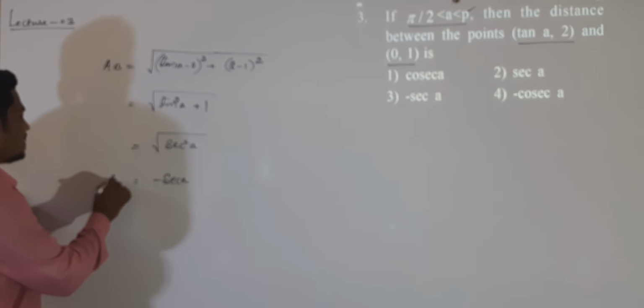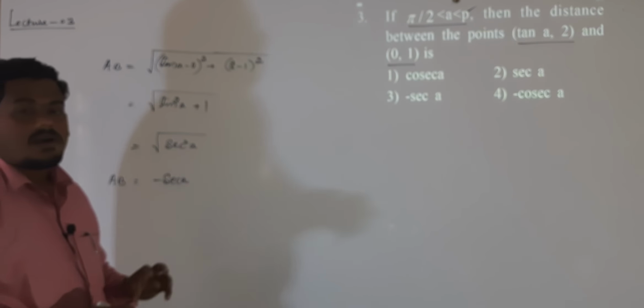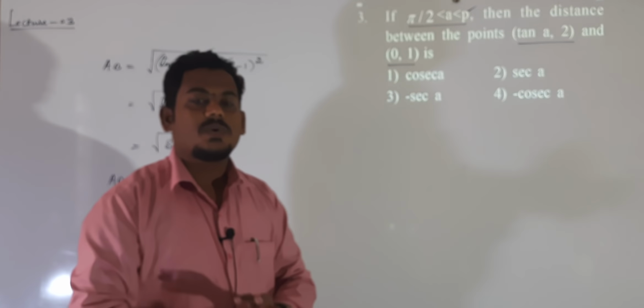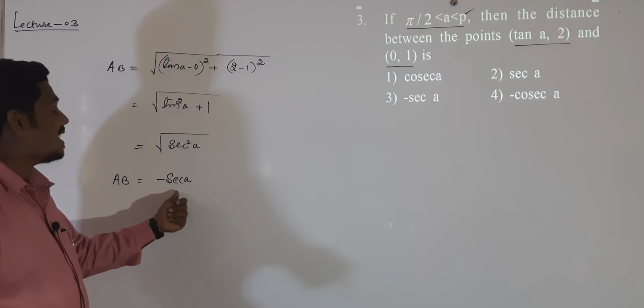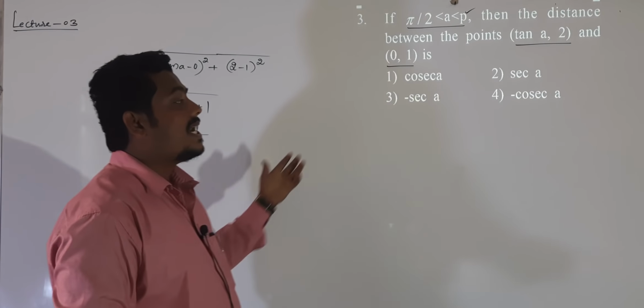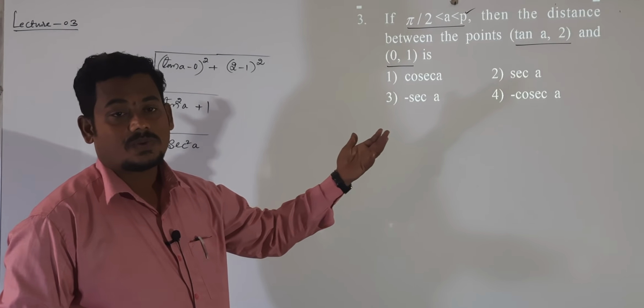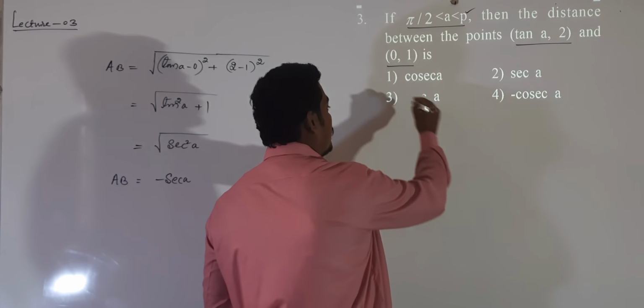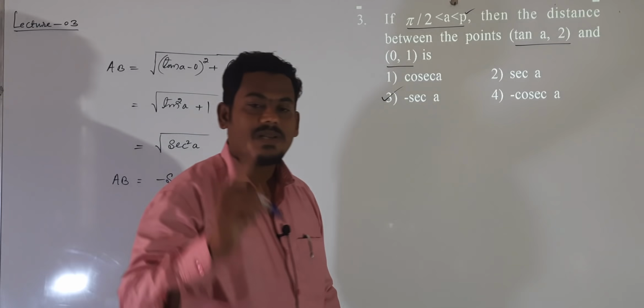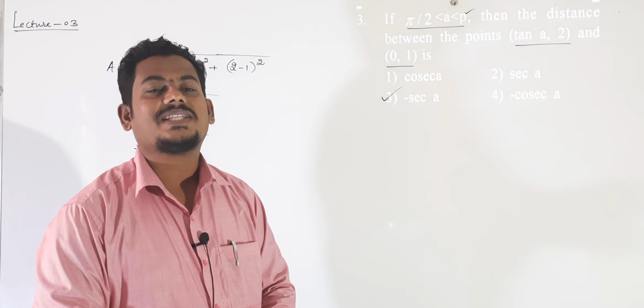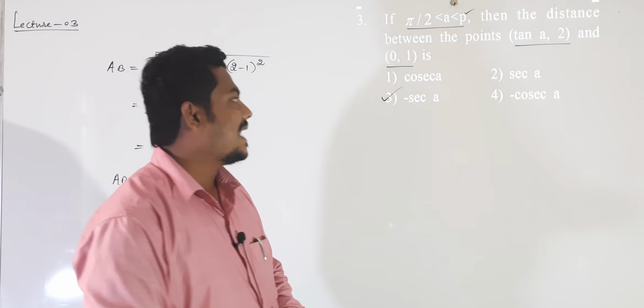AB distance should not be negative. For getting a positive value, it should be minus secant A. Then only the distance is positive, not plus secant A, because there is a restriction for the angle.